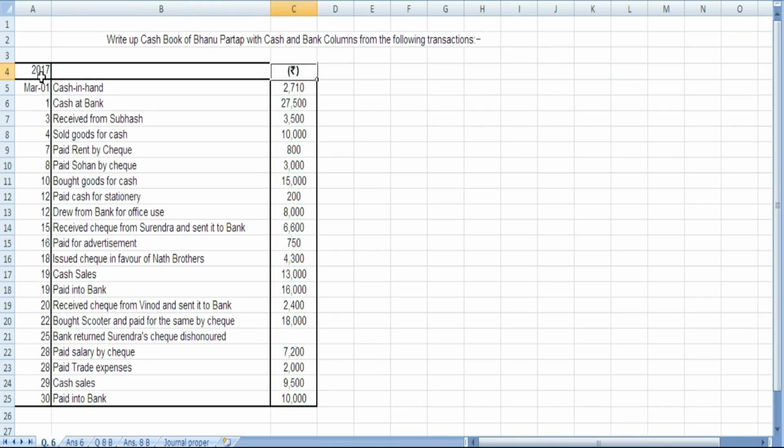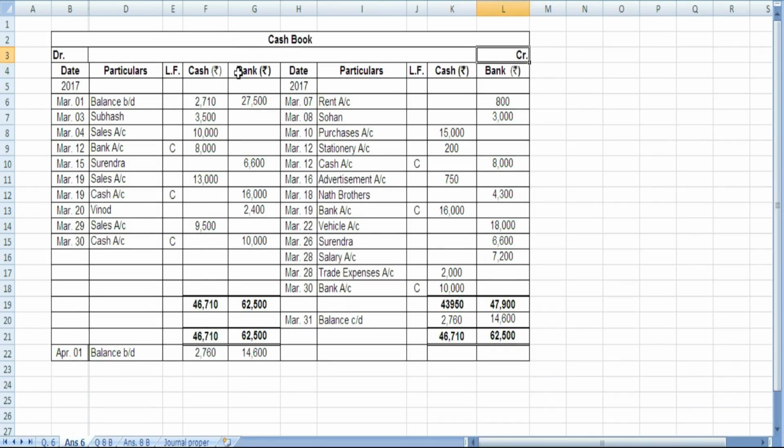Now March 1, cash in hand 27,110. Now always remember that the opening balance of asset and expense starts from the to side. So 2017 March 1 balance b/d in the cash column 27,110.